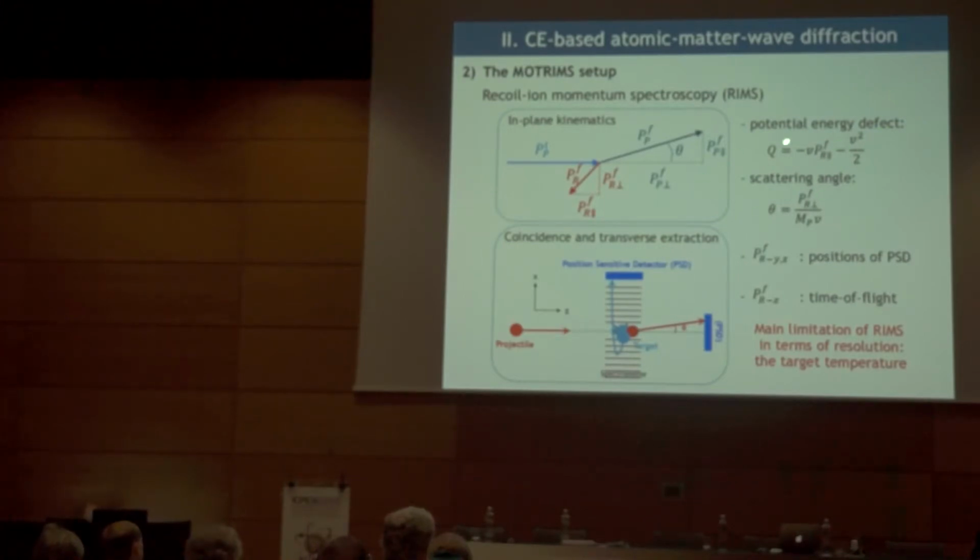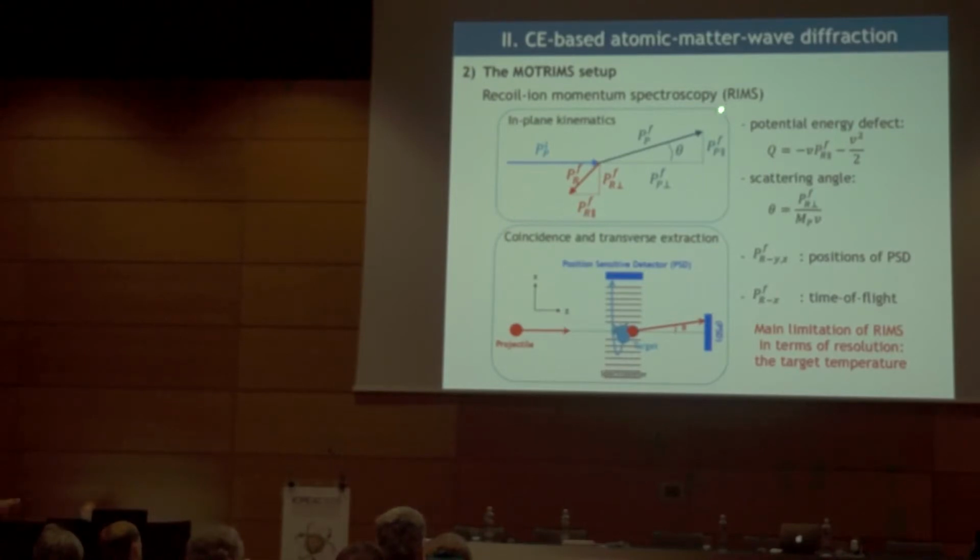And we see here that the Q value is directly related to the parallel component of the recoil-ion momentum, whereas the scattering angle, theta, is directly proportional to the perpendicular or transverse component of the recoil-ion momentum.